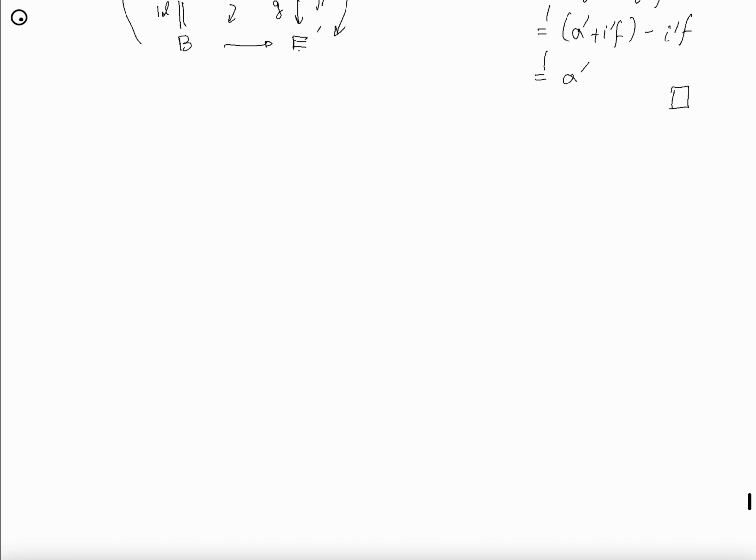Okay, so what are we left to do? We've constructed a map on both sides. We proved the first direction is surjective.